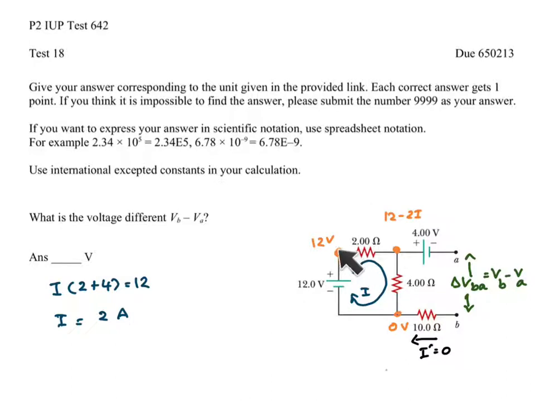At this end it connects with the voltage source, so compared to the negative side of the source, this point has a potential of 12 volt, and the potential difference across this resistor is 2 ampere times 2 ohm.